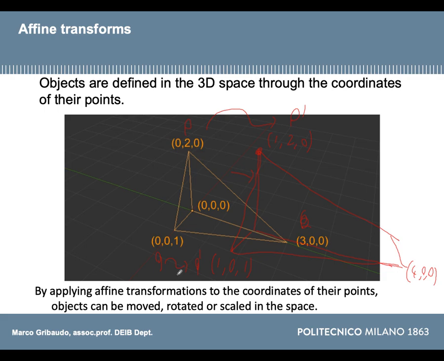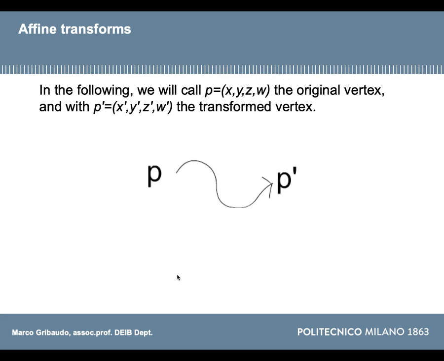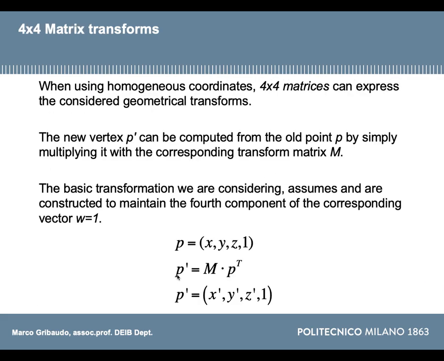We want to have a transformation, something very simple, that if we apply it to all the points of an object, we are able to move it, rotate it, make it larger or make it smaller. Okay? So, affine transform tells us that we can encode all the movement that I showed in the movie with one single 4x4 matrix.